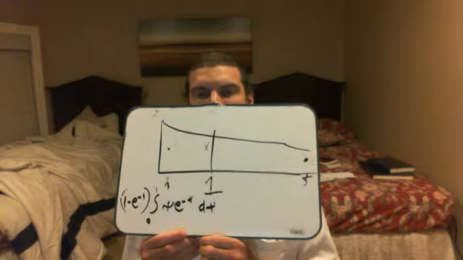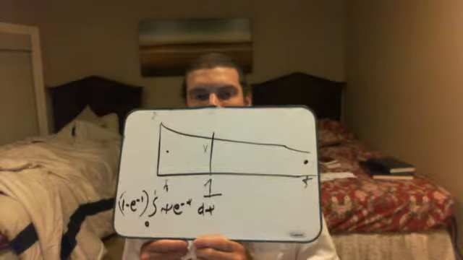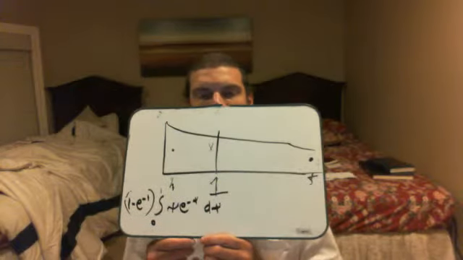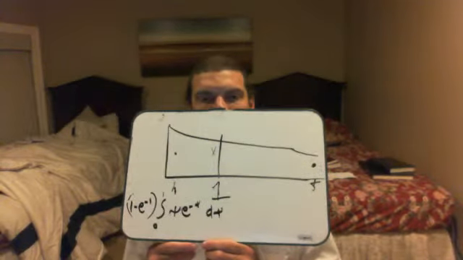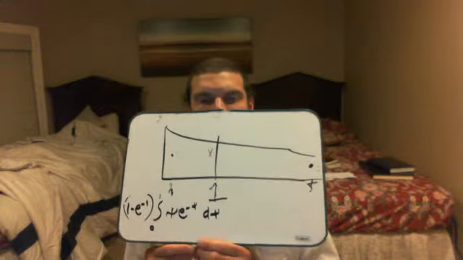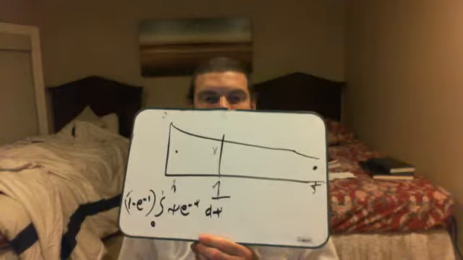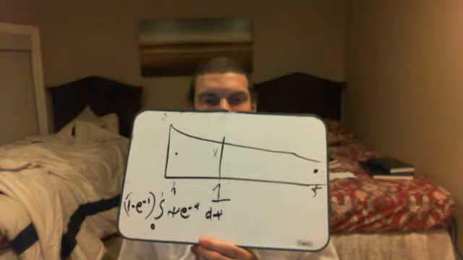For example, if x is a third, it's a third times e negative a third times a tiny number. We do that all the way from 0 to 1, because that is all the ways it can be heads.